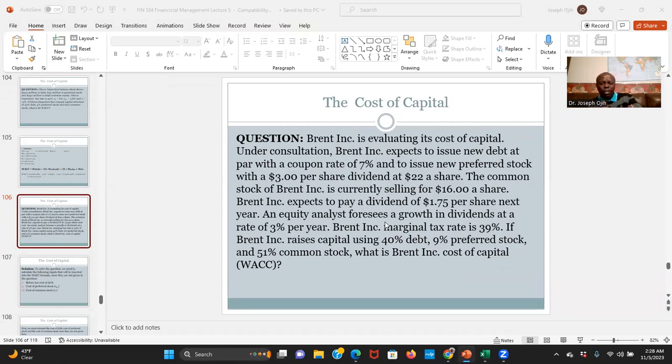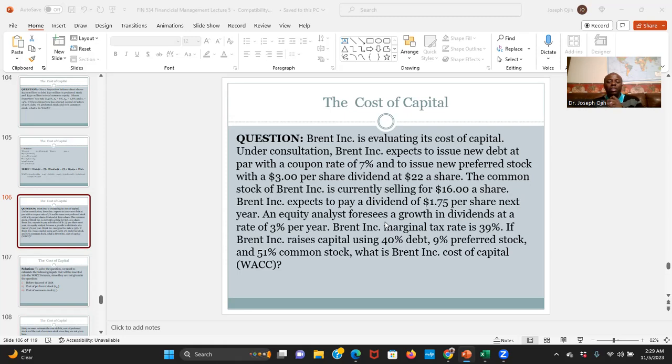The common stock of Brent Incorporated is currently selling at $16 per share. Brent Incorporated expects to pay a dividend of $1.75 per share next year. An equity analyst foresees a growth in dividend at a rate of 3% a year. Brent Incorporated's marginal tax rate is 39%.